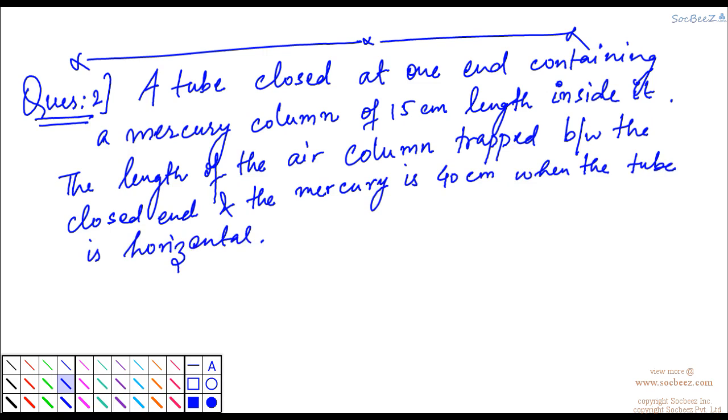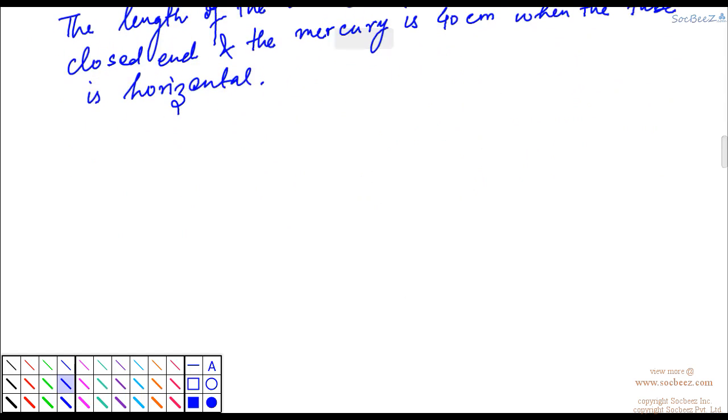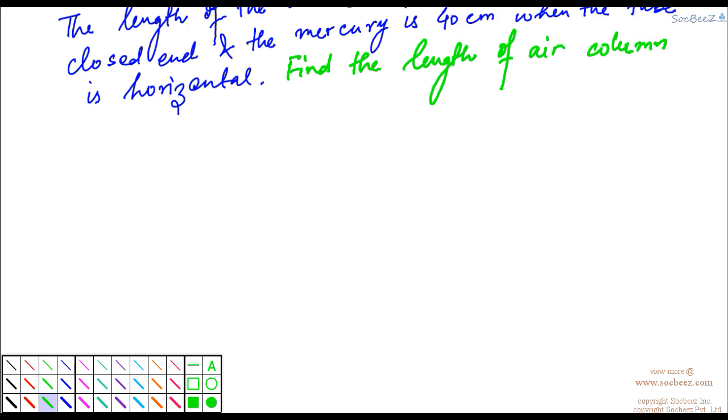Okay, now you have to find the length of the air column in two conditions.